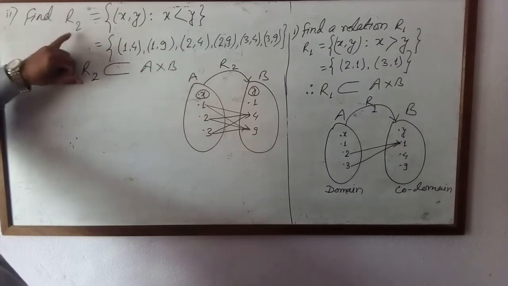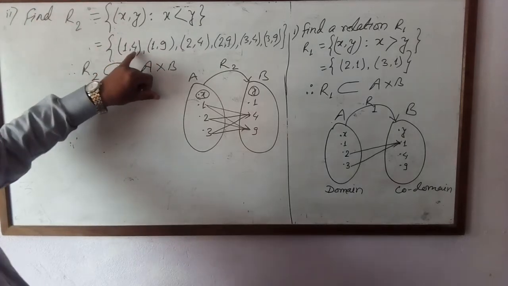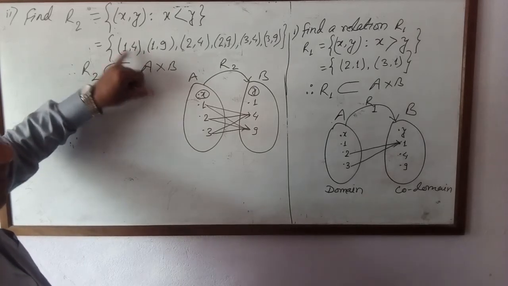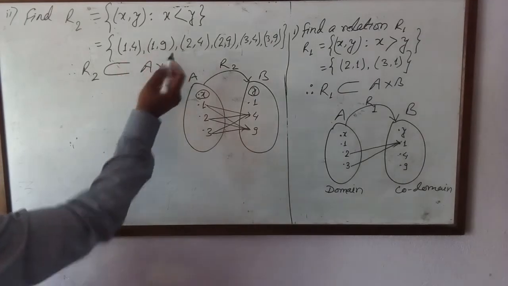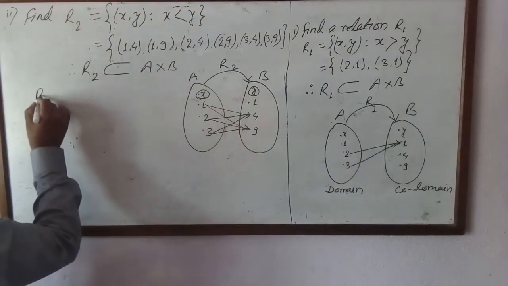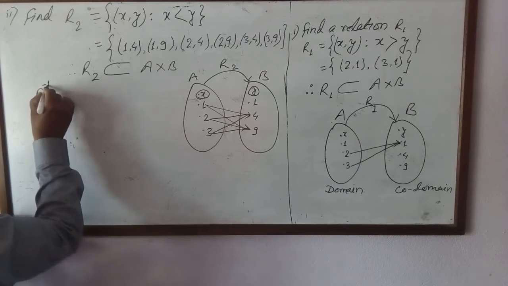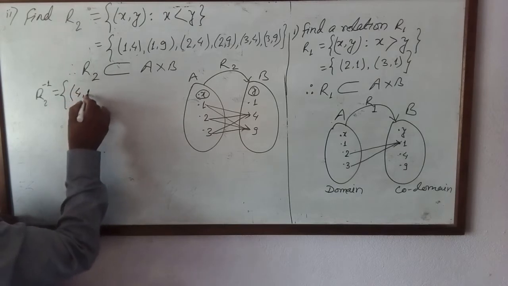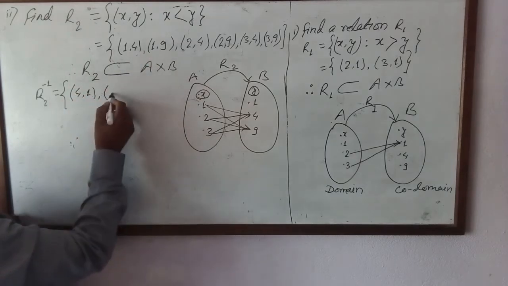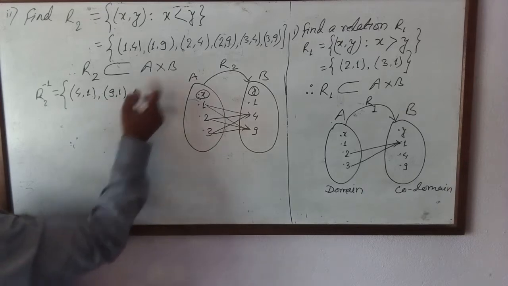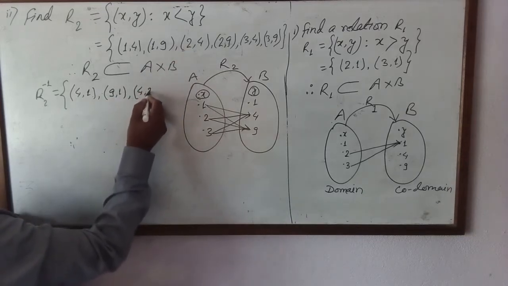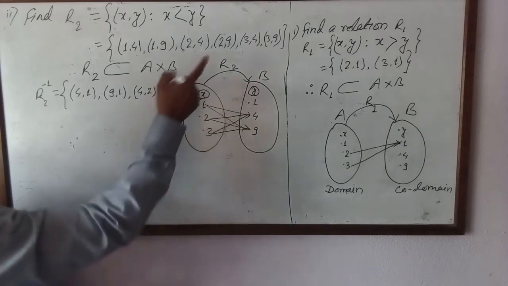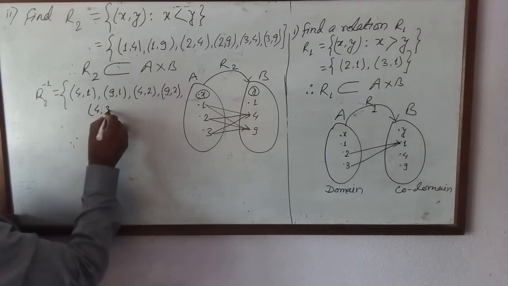If you want to write R2 inverse, then you just have to interchange the first and second coordinates, replace their positions. Here 1, 4 will be 4, 1. 1, 9 will be 9, 1. 2, 4 will be 4, 2. 2, 9 will be 9, 2. 3, 4 will be 4, 3.